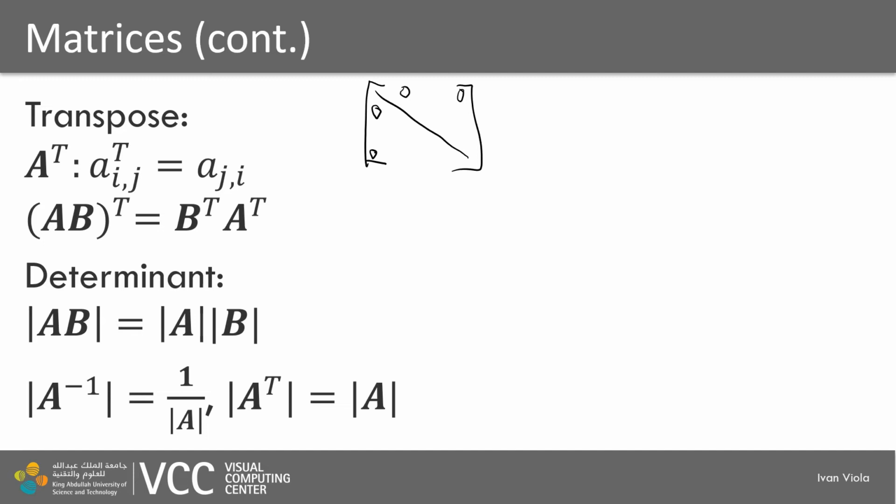Now, the determinant of an inverse matrix is actually the reciprocal of the determinant of the original matrix. And the determinant of a transpose matrix is the same as the original matrix determinant.